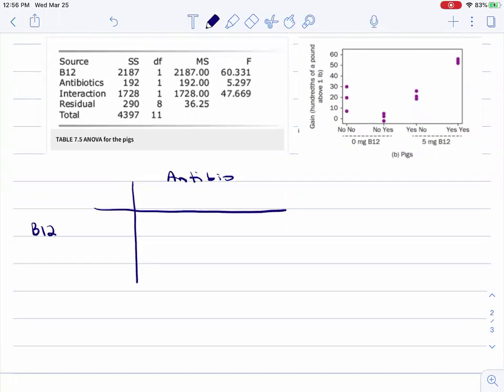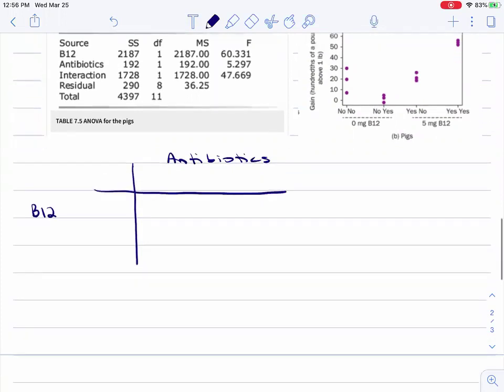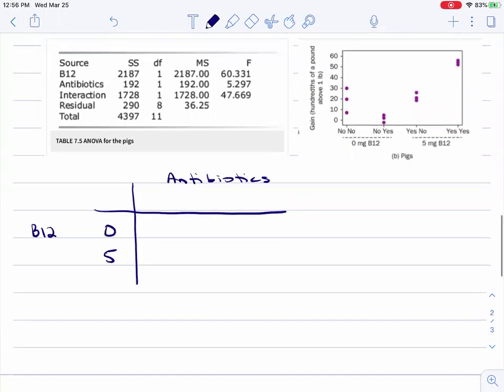For our levels of B12, we've got 0 and 5 milligrams. And then for the antibiotics, I think we've just got no and yes.